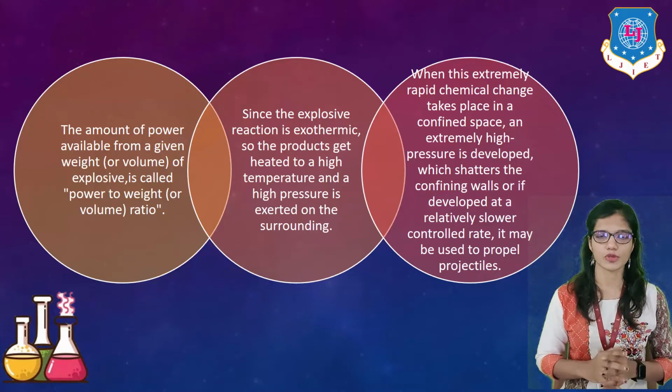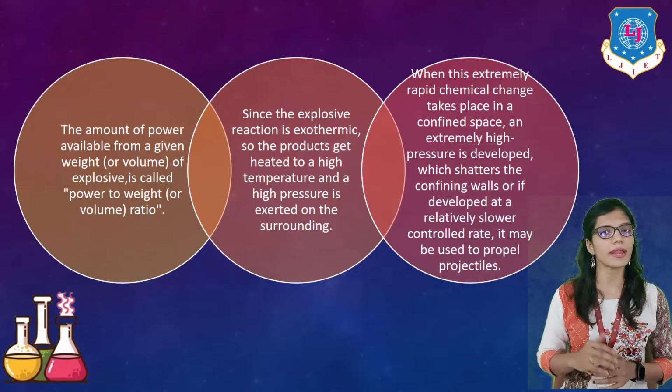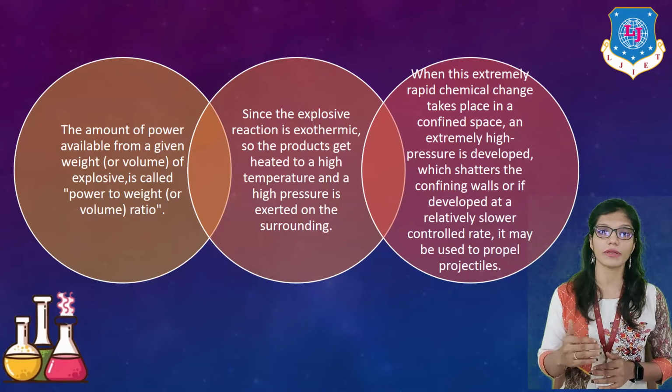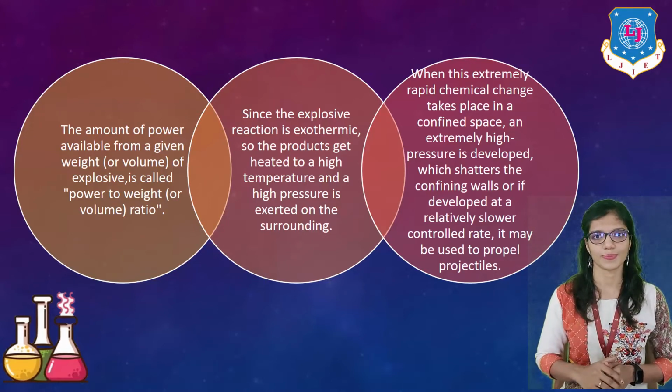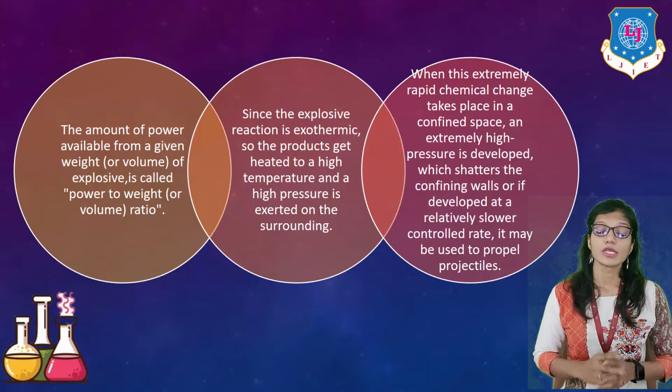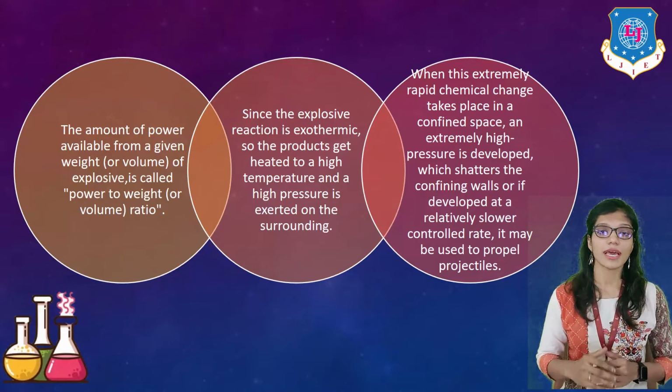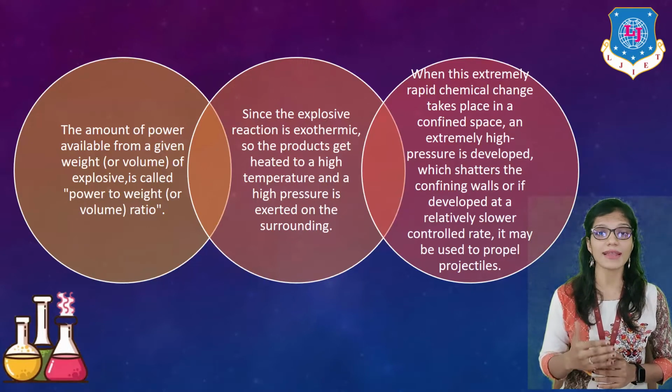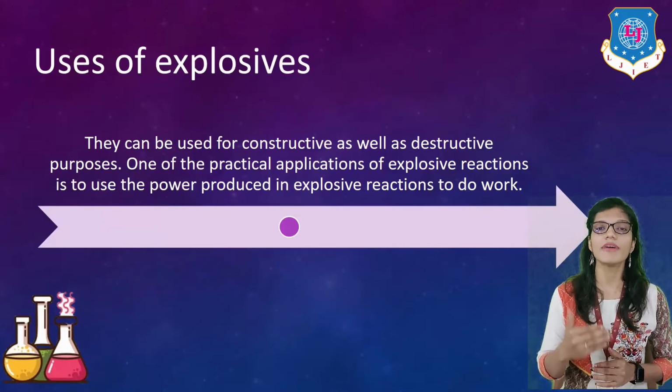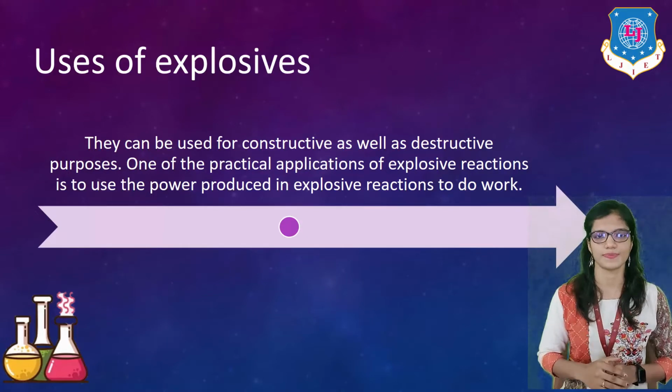We have different types of explosives, so depending upon the kind of material you want to release, you can use the appropriate one. That is how explosives work, and how their mechanism gives us very high energy.